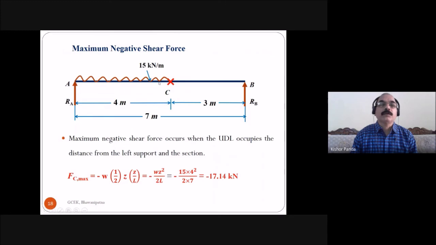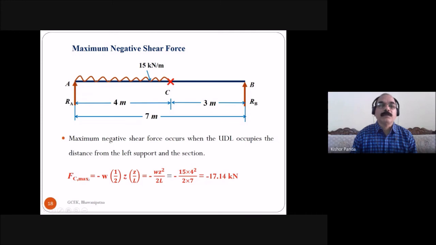Already discussed. When the UDL is present between A and C, and there is no UDL between B and C, in that case you will get the maximum negative shear force. That is, when the UDL is present between A and C, for 4 meter length, you will get the maximum negative shear force. Maximum negative shear force occurs when the UDL occupies the distance from the left support to the section.